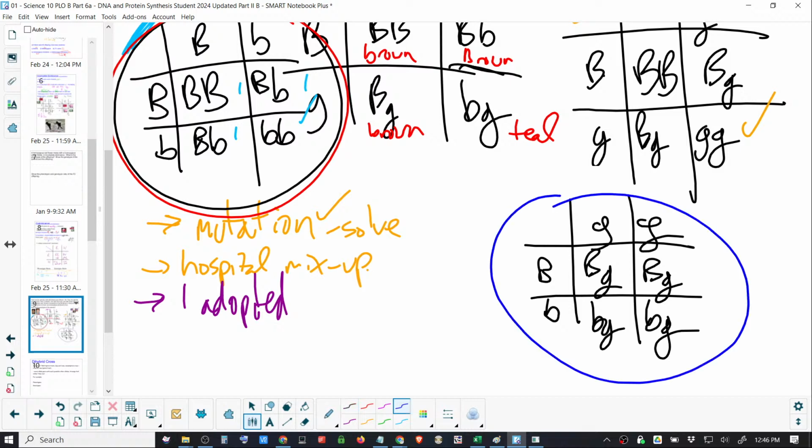So this only gives you brown-eyed and teal. So even if one of the parents cheated, does that explain it? No. So even with genetics, you can now go, actually, that's ruled out. That can't happen if that is true of the parents.